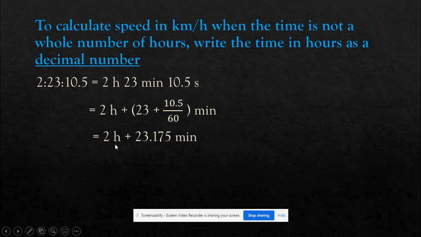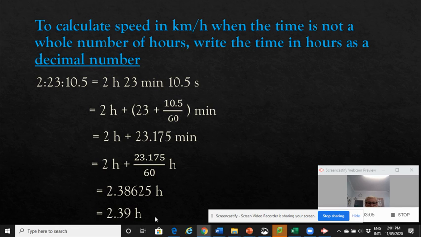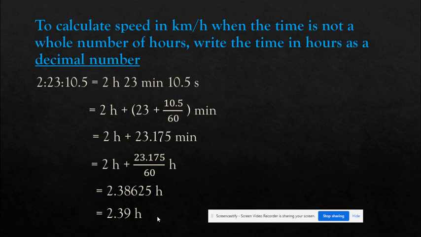Then in your next line, you're going to go 2 hours, and that's going to give you 23.175 minutes, which is great, but we want the whole number as a decimal. So we go 2 hours, and we put that as a decimal over 60 because there's 60 minutes in an hour. And then we'll come to 2.38625. We can't have that. We've got to simplify, which will be rounded to 2.39 hours.